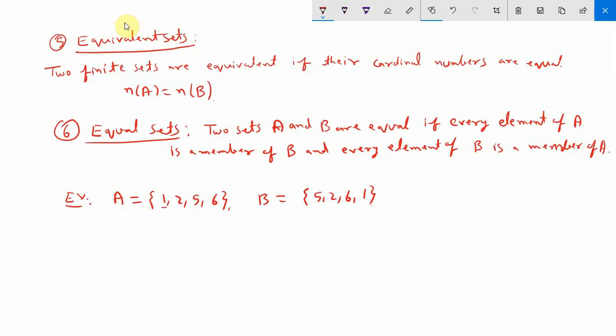So we can write A is equal to B. These two are equal sets.